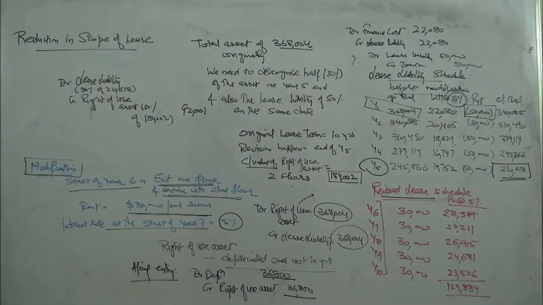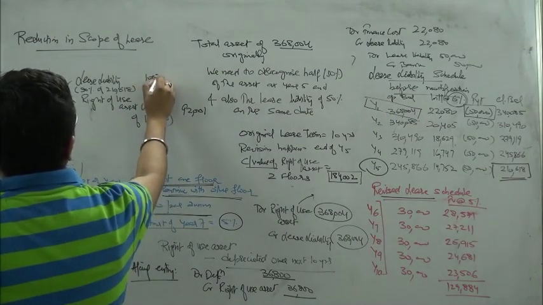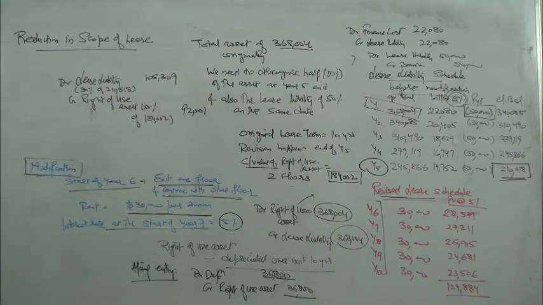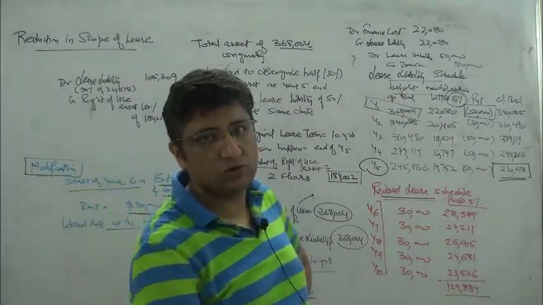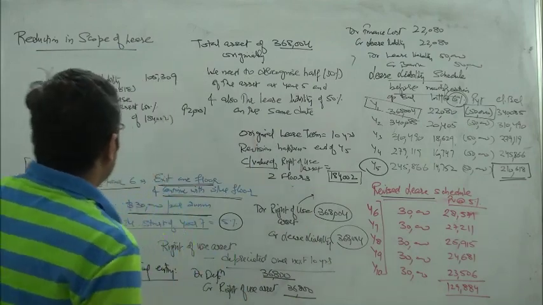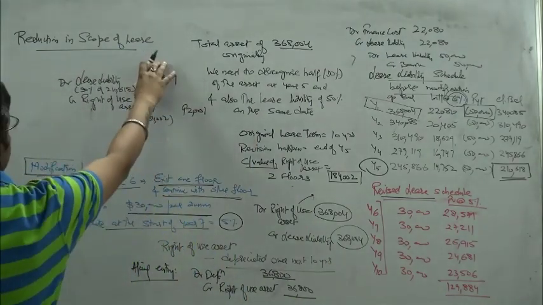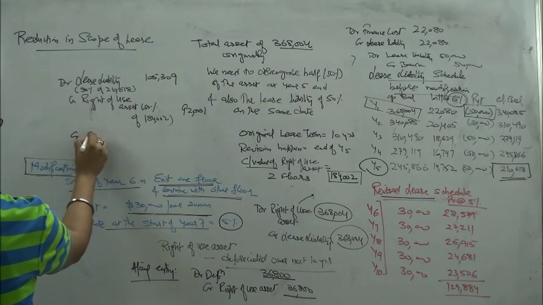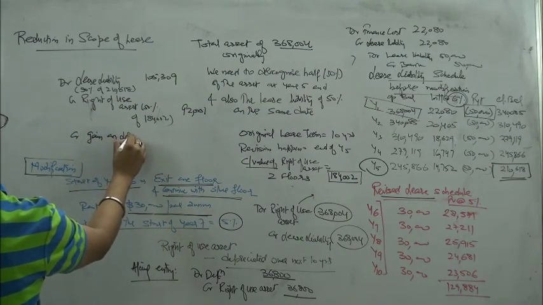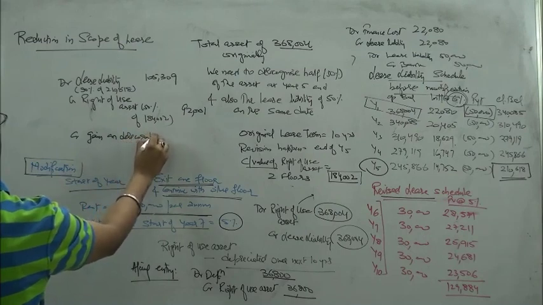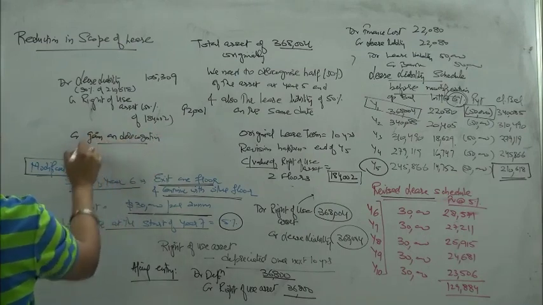That comes to 105309. All right. And of course, since we are exiting an asset, de-recognizing an asset and also de-recognizing a liability, the differential, my debit is higher, so I would need to recognize gain on de-recognition in this case, right?